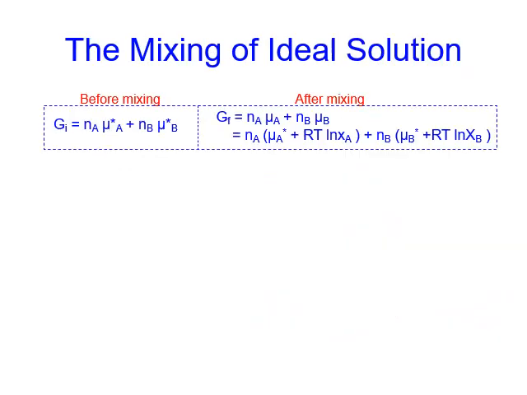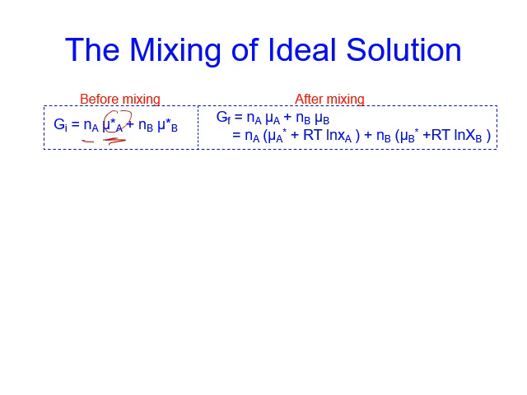With the equation to calculate the chemical potential in the liquid phase, we now can justify that the mixing of liquid is spontaneous. And the procedure is similar to when we justified mixing of gas phase. So we calculate the Gibbs energy before mixing, which is number of moles times pure A chemical potential.